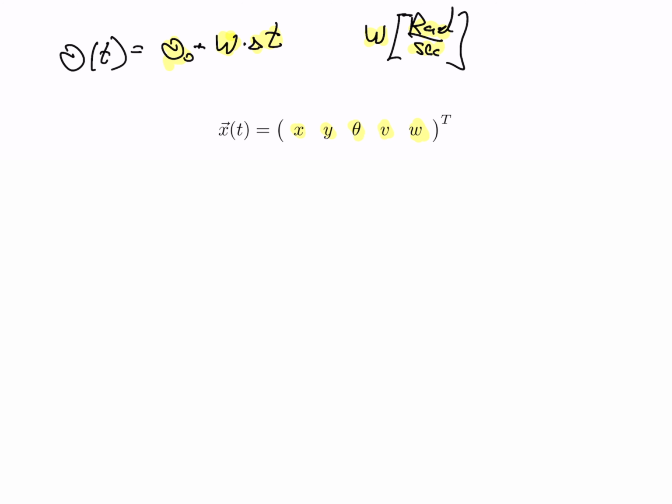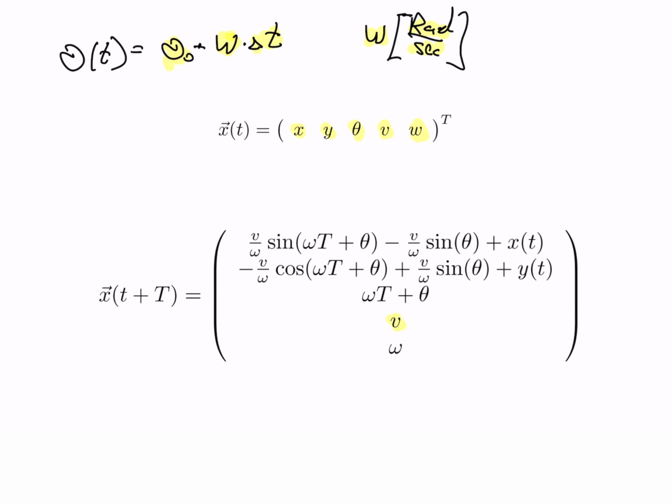Omega is constant. Now, the transition between the current state and the next state can be described using these equations. Again, v is constant, omega is constant, and theta final equals theta initial or theta 0 plus omega delta t. And those are the x final and y final equations.